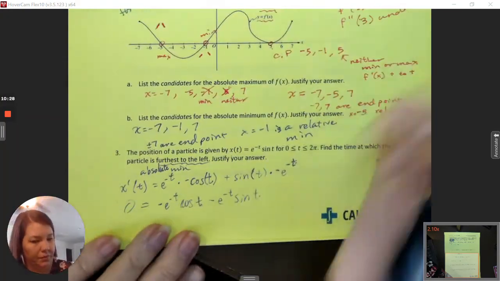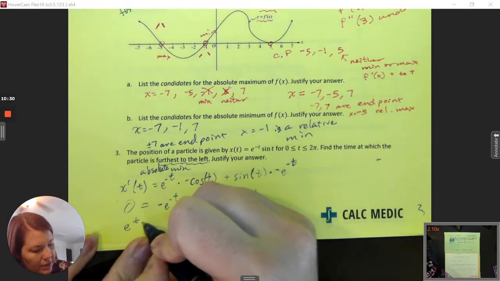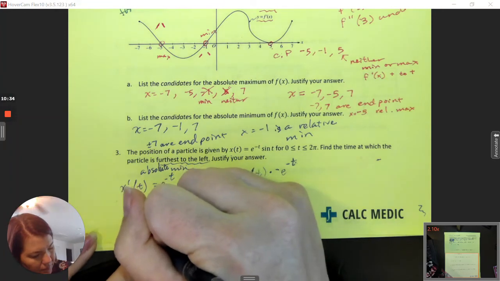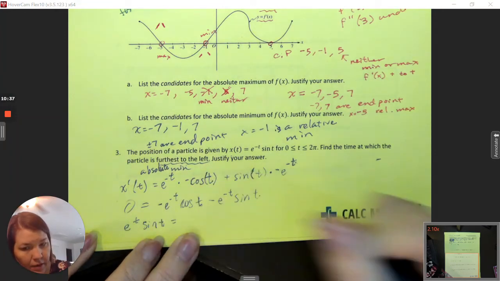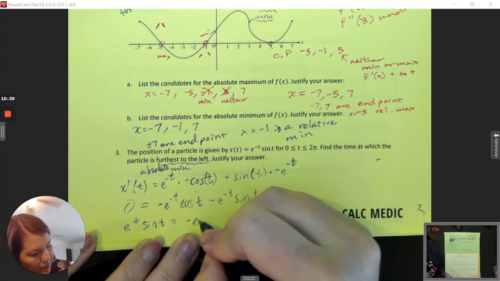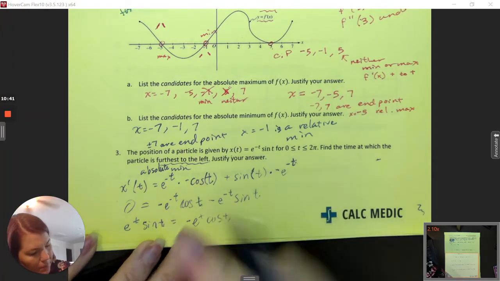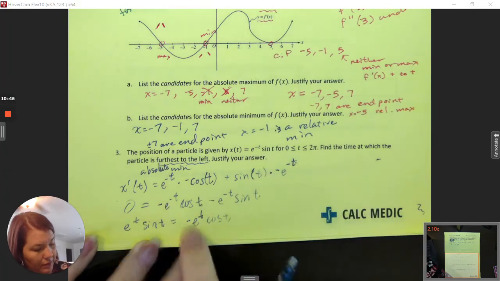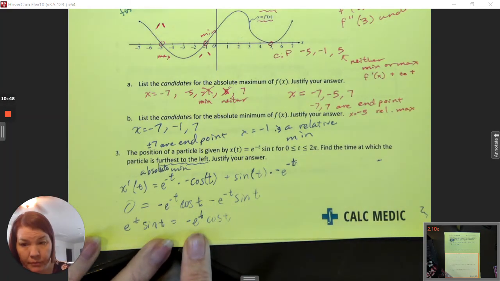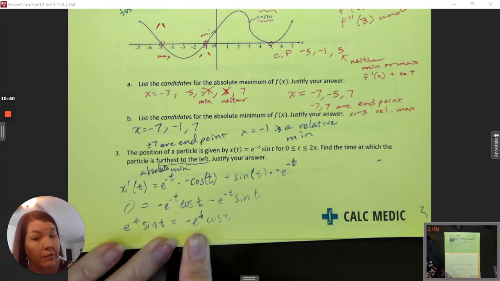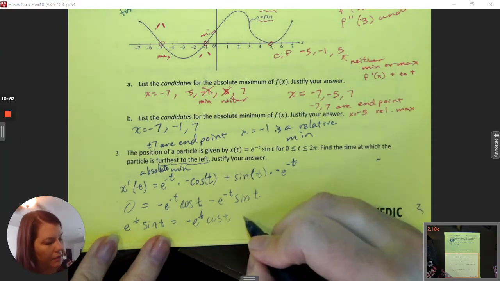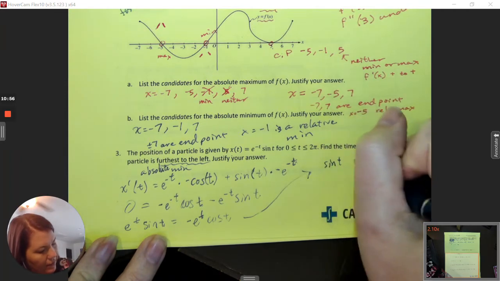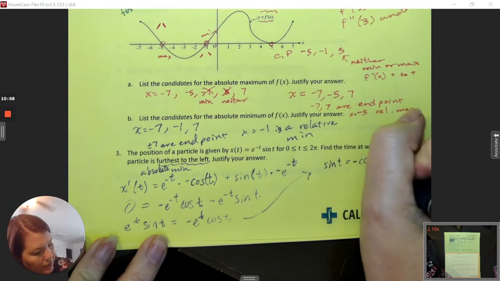So e to the t sine of t equals negative e to the t cosine t. Now e to the t and e to the t are always equal, so I'm going to remove them, and it won't be dividing by 0 because e to the t will never be 0. I'm left with: where is the sine of t equal to the opposite of the cosine of t?